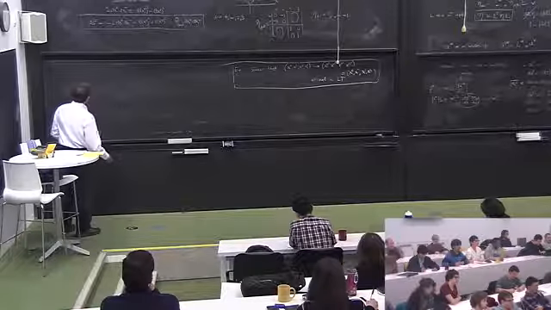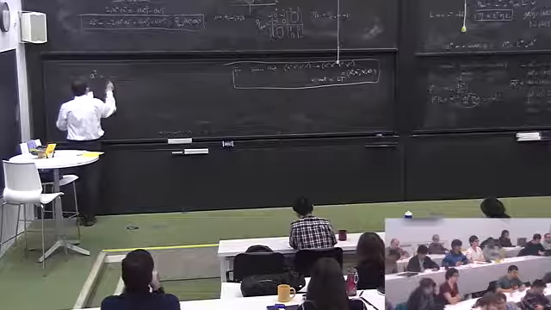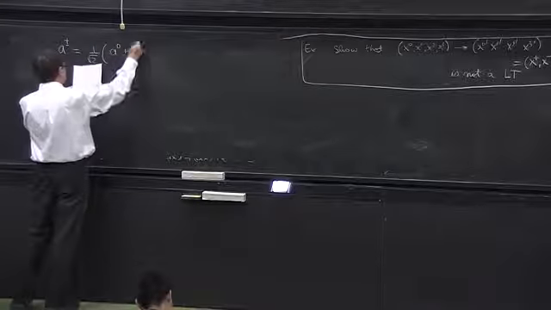Okay, more things on the light cone. For any vectors, you always define them like this: a0 plus minus a1.